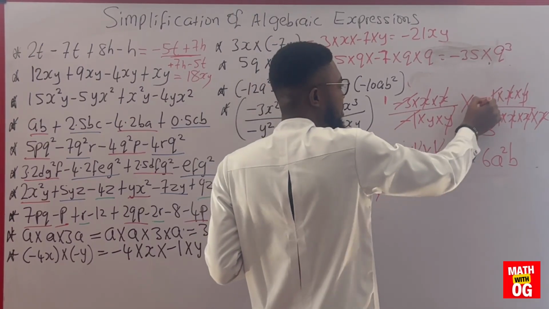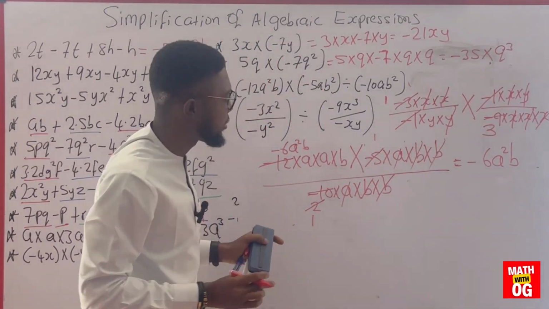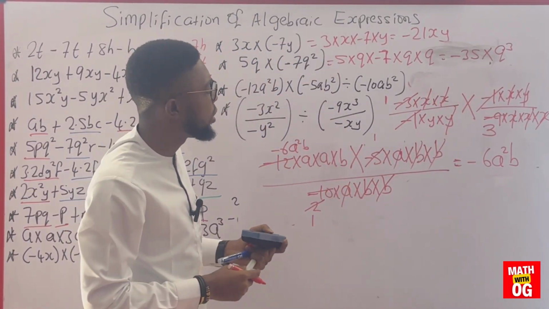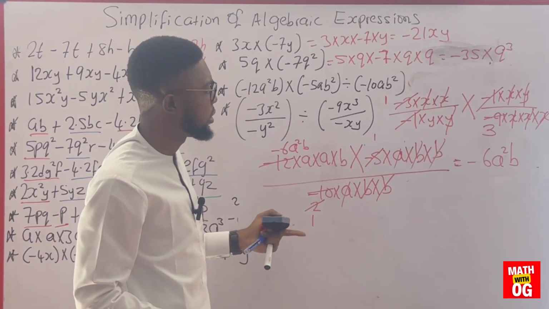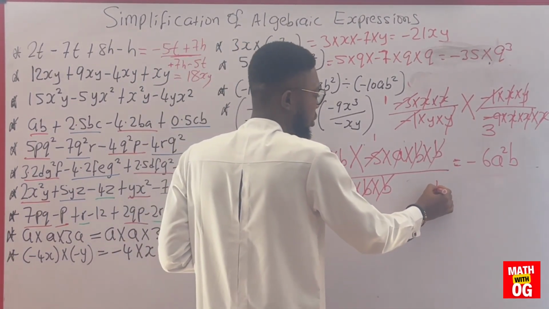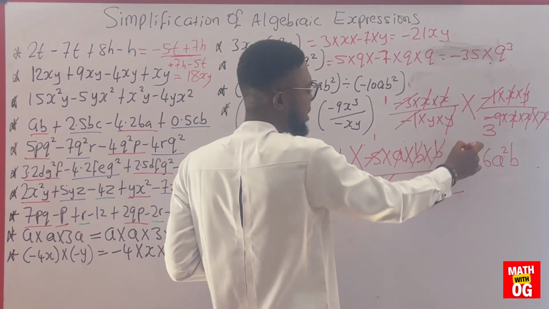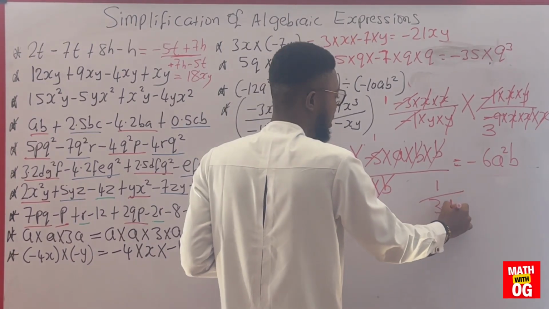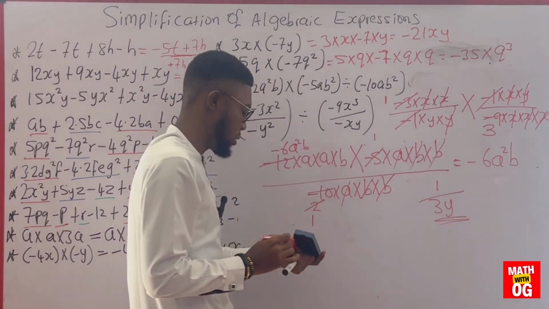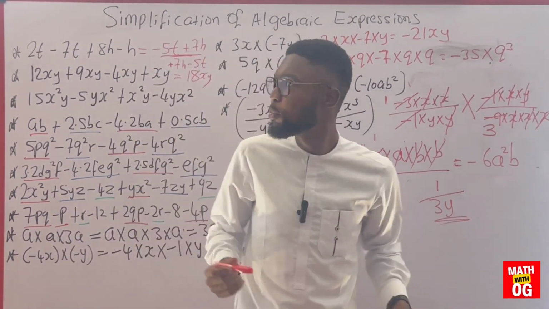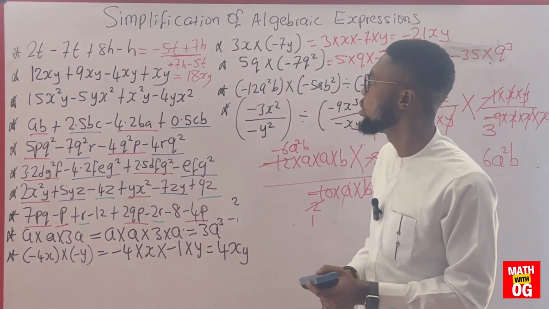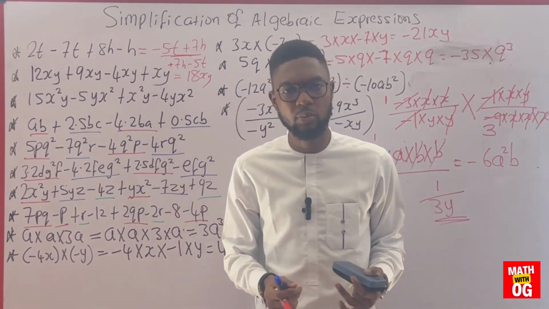Negative 1 will cancel negative 1. So that is out of the picture. So at the numerator, what I have is just 1. At the denominator, what I have here is y, and what I have here is 3. So this will give me 1 over 3y. So that's the answer to the question. That's how you play with questions under simplification of algebraic expressions.